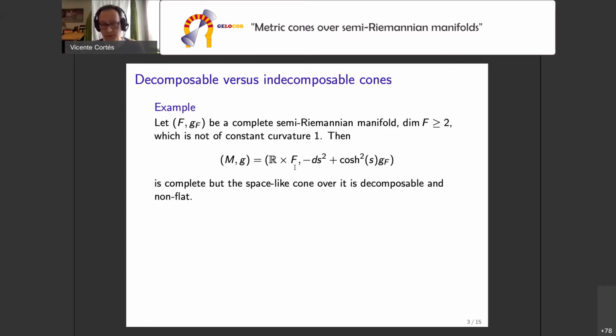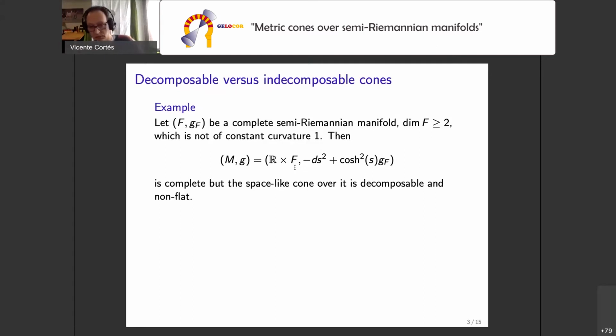It corresponds to a subspace invariant under the holonomy representation, and this is a non-degenerate subspace. So this means that the cone is decomposable, and you can also check that it's not flat. In fact, here F is an arbitrary Riemannian metric, so you can easily check that this is not flat. So this gives a counterexample.